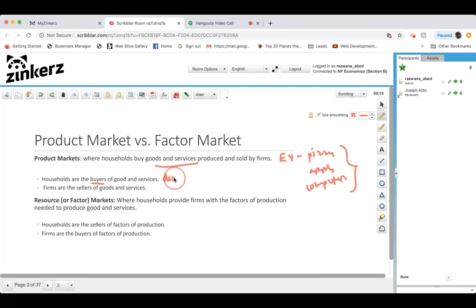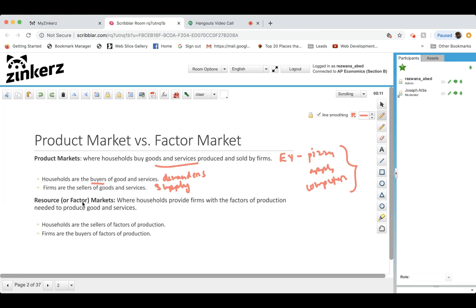We will talk about them as the demanders. And firms or businesses were the sellers of these goods and services. Okay, so they were on the supply side. As we will see, this is very different from how it is in the factor market.